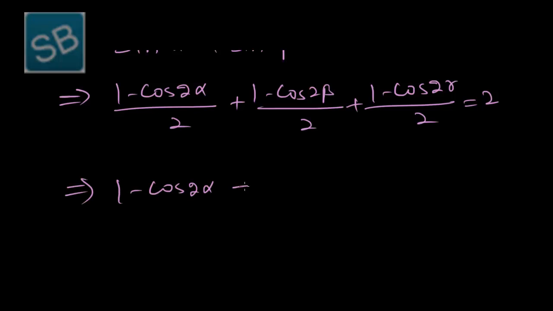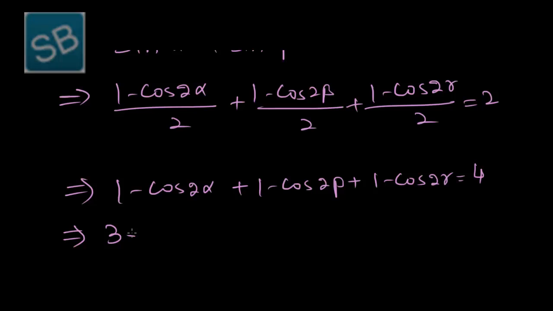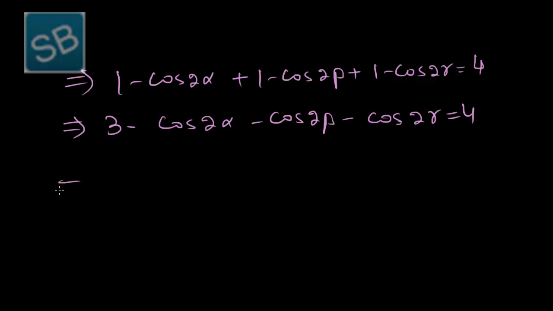(1 − cos 2 alpha) + (1 − cos 2 beta) + (1 − cos 2 gamma) = 2 into 2, which is 4. So we get 3 − cos 2 alpha − cos 2 beta − cos 2 gamma = 4.